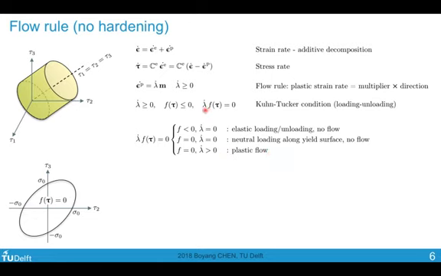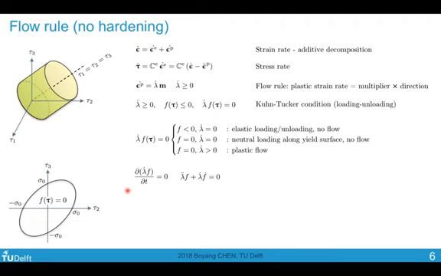Note that this equality needs to be satisfied during the entire loading process, which means that we can take the partial derivative of this quantity with respect to time and still obtain 0. So when this needs to be satisfied throughout the loading history, it automatically guarantees that its derivative with respect to time is equal to 0.